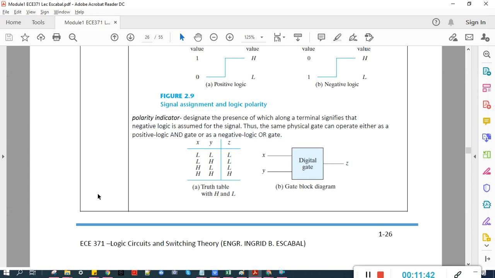The truth table for this polarity indicator is shown here. It is high if both are high. It's just a positive logic AND gate, right? Low if not all inputs are high.